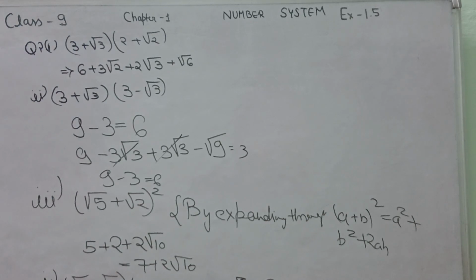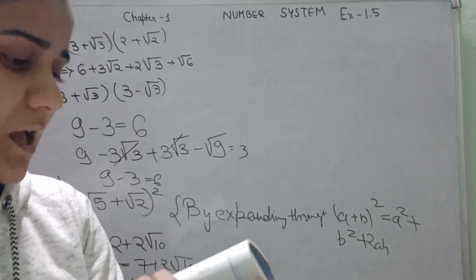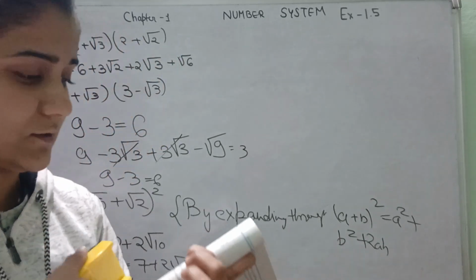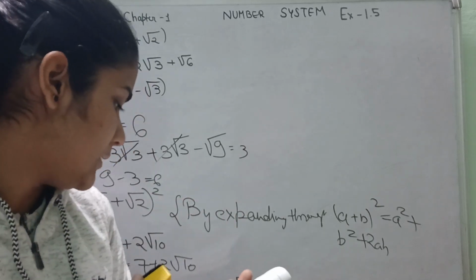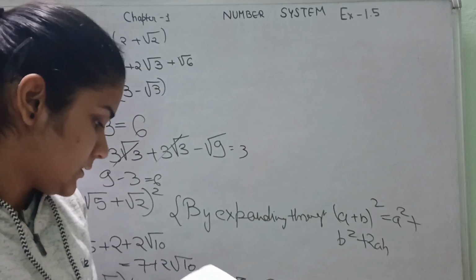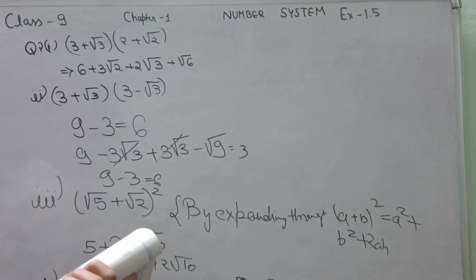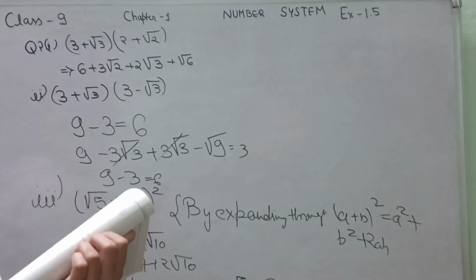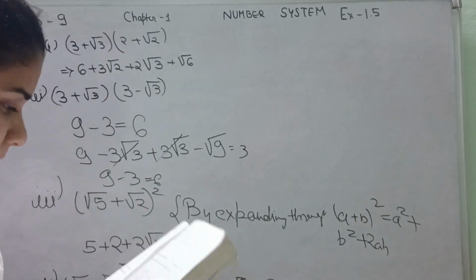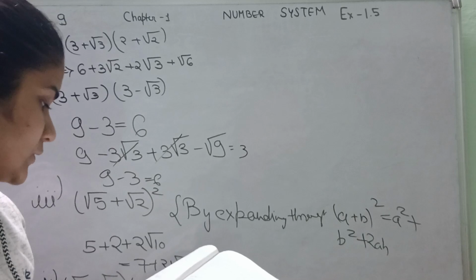Coming on to question number 3. Recall pi is defined as the ratio of the circumference of a circle and its diameter d, that is pi equals c by d. This seems to contradict the fact that pi is irrational. How will you resolve this contradiction?